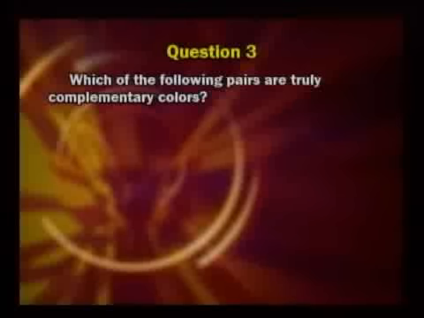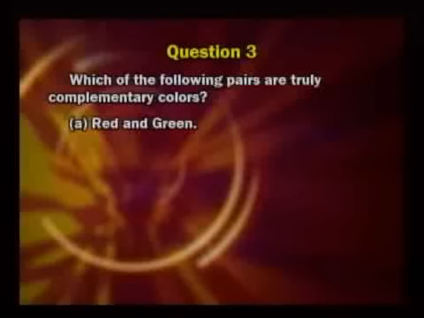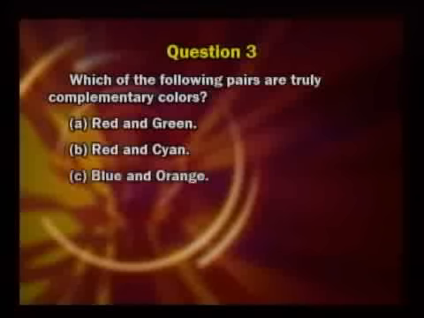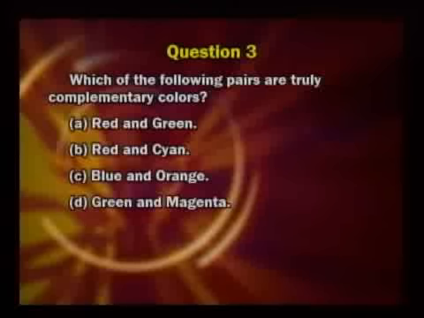Question 3. Which of the following pairs are truly complementary colors? A, red and green. B, red and cyan. C, blue and orange. D, green and magenta. A and C. I was about to say B and D. Okay, Kyle says B and D. I think C is definitely, I don't know.